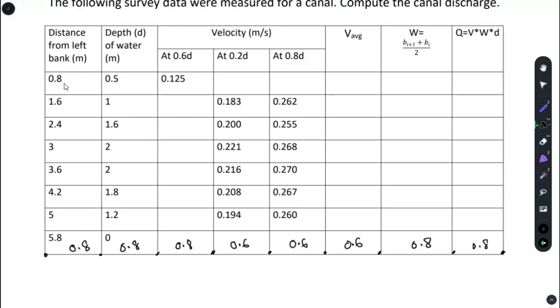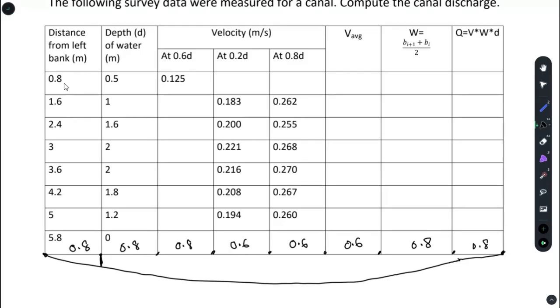So this was the beginning from one bank, and it was the end of another bank. So this is the cross section. Maybe if you draw the cross section, the river might be like this, maybe like this. You measure the depth here, and you take the velocities here, here, like this.